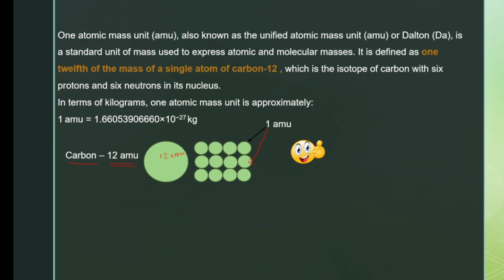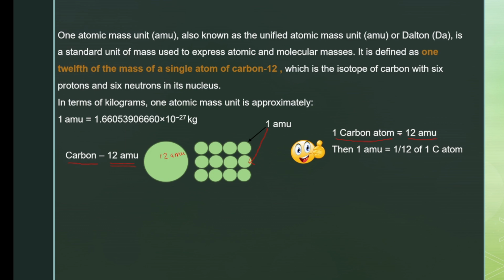We take the mass of the carbon atom, the C12 atom, as the standard unit. So I have written here: 1 carbon atom is equal to how many AMU? 12 AMU. It is formed of 12 smaller units.